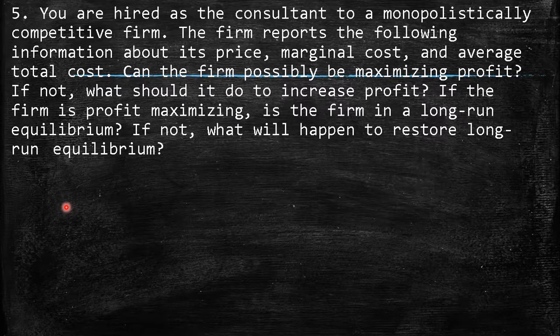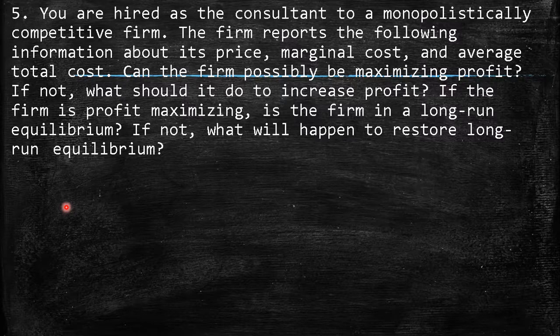The firm reports the following information about its price, marginal cost, and average total cost. There isn't any information shown, but we are going to figure out how we can handle that. So can the firm possibly be maximizing profit? If not, what should it do to increase profit? If the firm is profit maximizing, is the firm in a long run equilibrium?